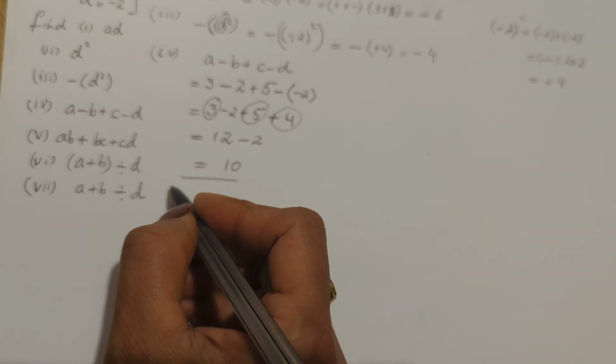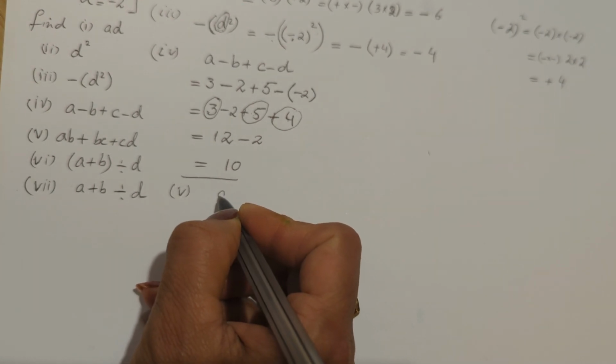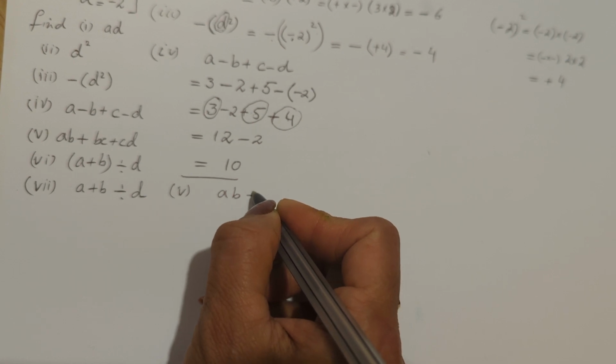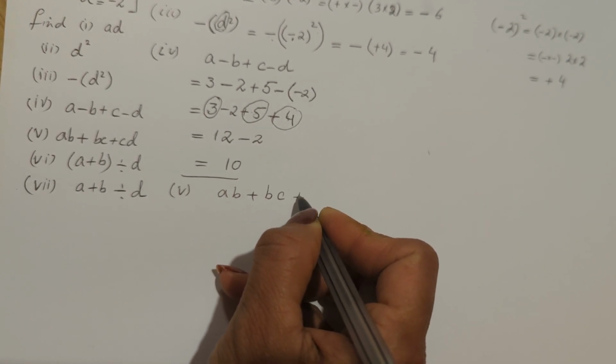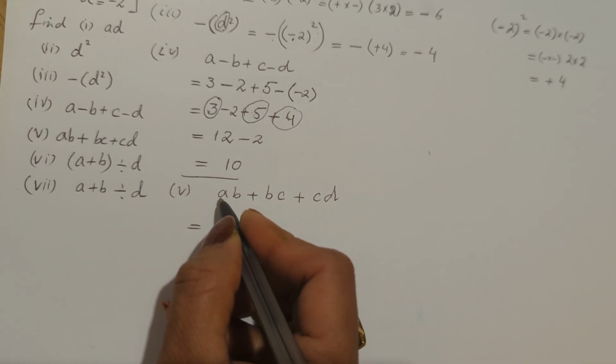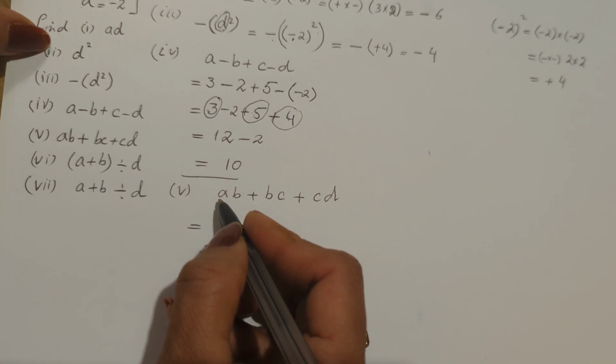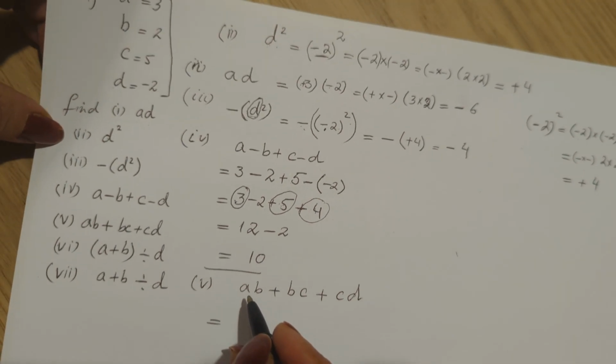The next one is the fifth part, AB plus BC plus CD. So in place of A, I will use its value, which is given above as 3.